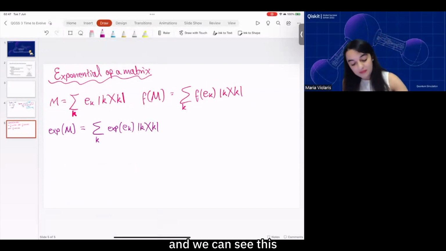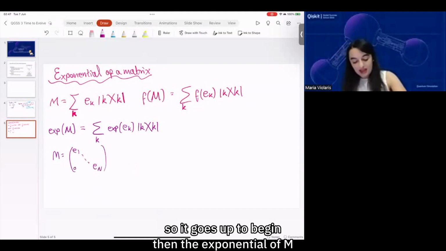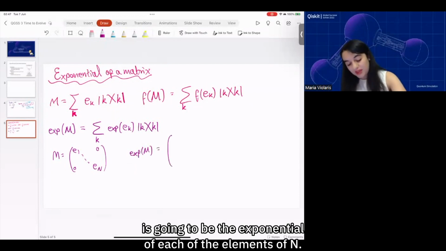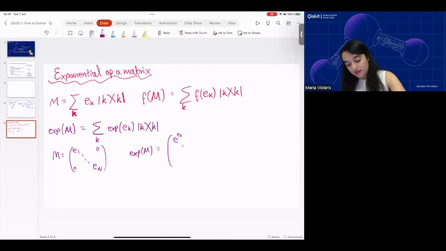And we can see this as a matrix. So if M is E1 to EN, so it goes up to big N, then the exponential of M is going to be the exponential of each of the elements.